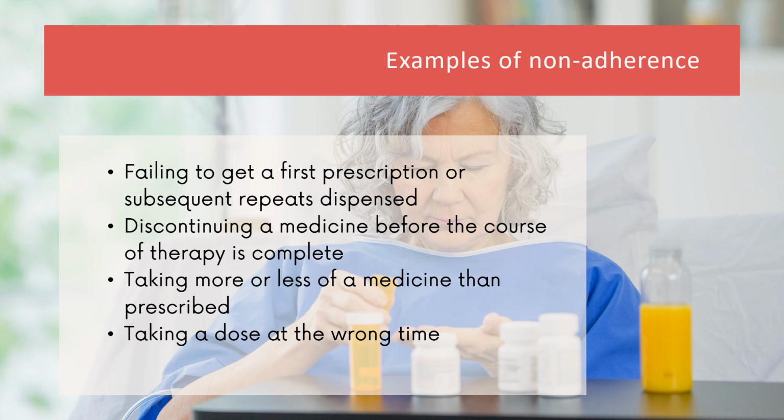Second, discontinuing the medication before the course of therapy is complete. Third, taking more or less of a medicine than prescribed. Taking more of the medicine is also considered non-adherence. And the last one, taking a dose at the wrong time. So it basically means that the patient does not take the medication as prescribed.